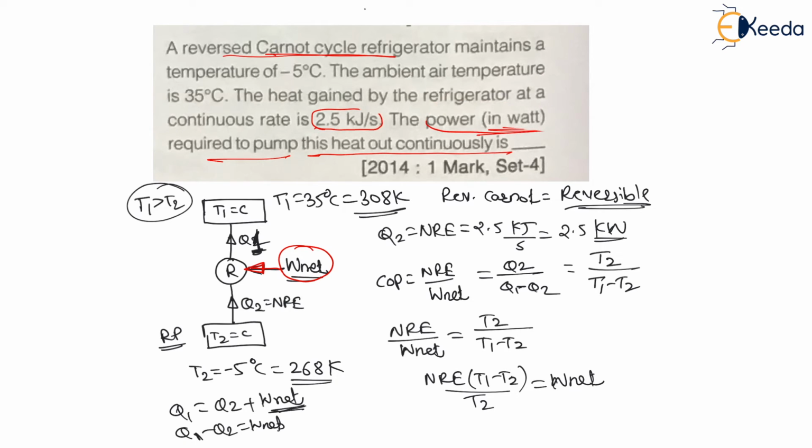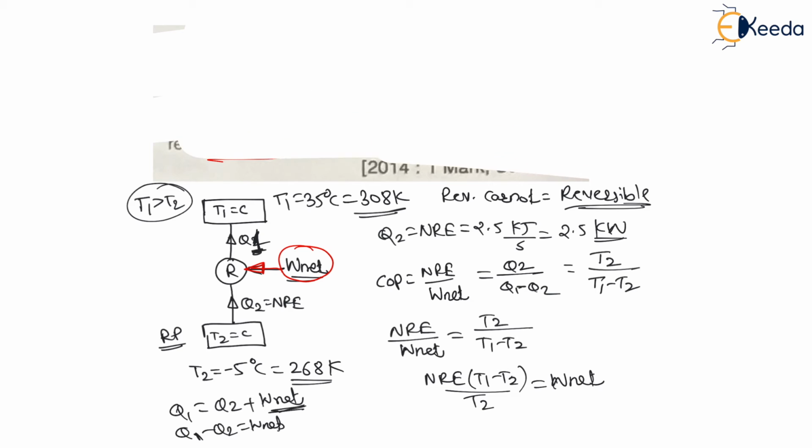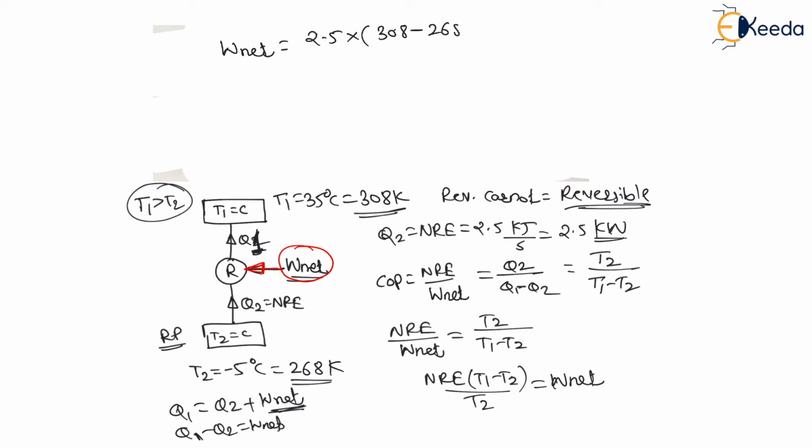Now, my dear students, I will put all the values. Let us erase this question so that we get sufficient space for the solution. Now, let us put the values. Therefore W net is the net refrigerating effect, given as 2.5, into T1 minus T2. T1 is 308 minus T2 is 268, divided by T2, which is 268.